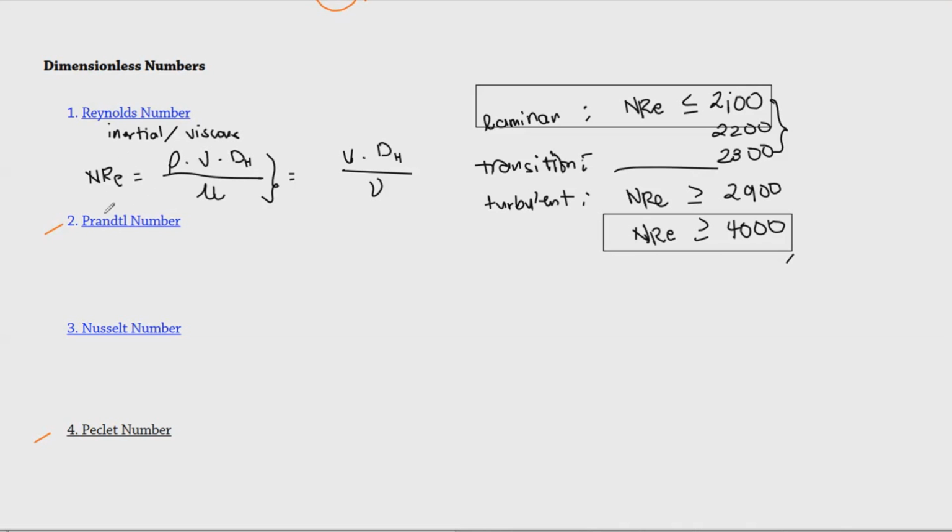So the next one will be the Prandtl number, and I've already discussed this. This is the hydrodynamic boundary layer thickness divided by the thermal boundary layer thickness.